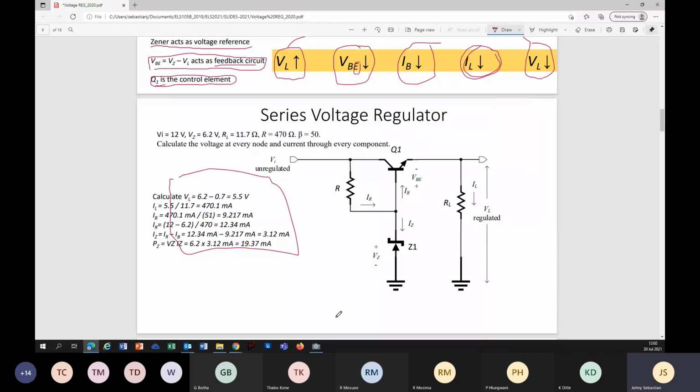Okay, and I demand one more thing. That is, you have LTspice with you. Take a BJT that you know, like 2N2222 will do, and take a 6.2 Zener diode and put a 470 ohm resistance, put a battery 12 volt, and verify all these answers that you got.